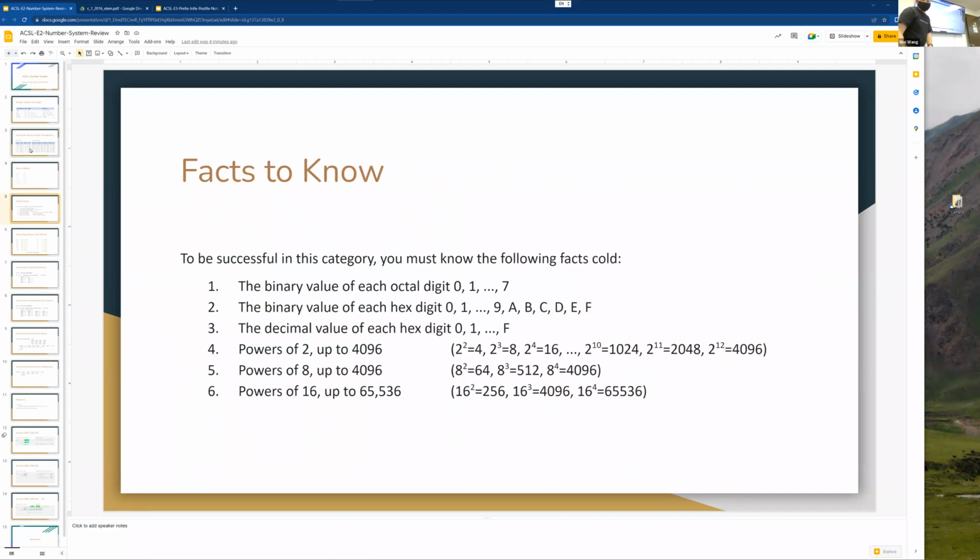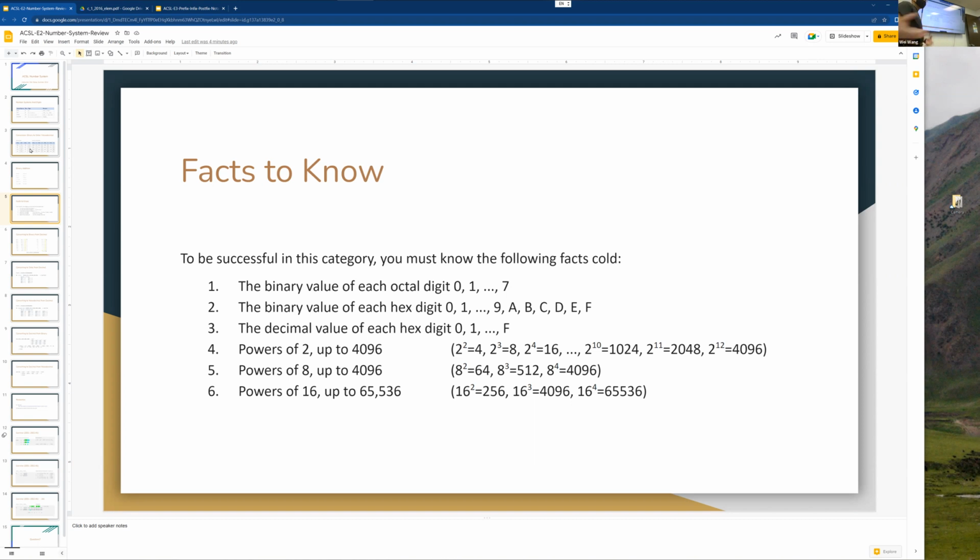These are the facts that I would encourage you guys to remember. The digits are fine; you can remember those. The decimal values of each hex digit: from 0 to 9 they're the same, but from A to F you have to remember them.